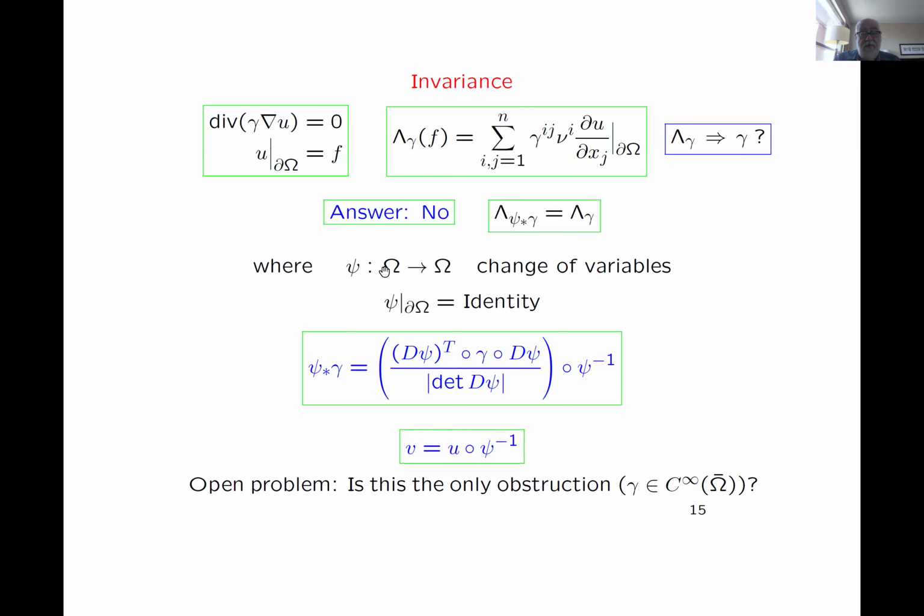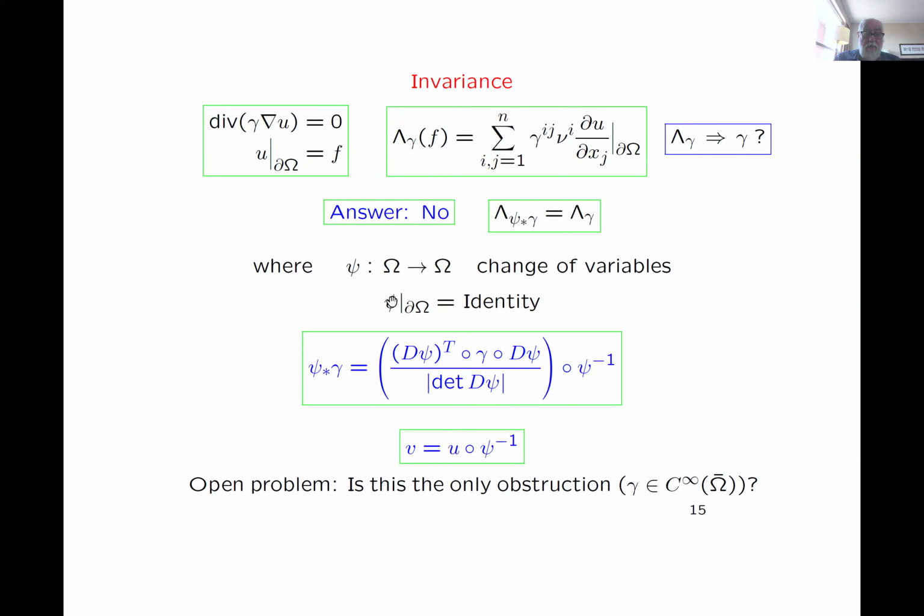If you have a change of variables, a diffeomorphism, which is the identity at the boundary, then what is called the push forward of the conductivity, which in terms of matrices is given by the Jacobian transpose composed with gamma composed with the Jacobian divided by the determinant, gives exactly the same information.